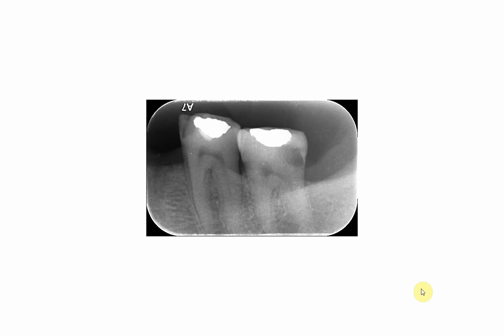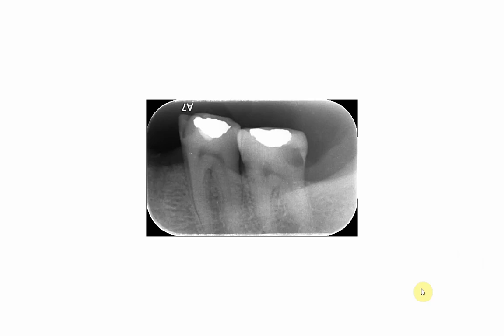Why is it radio opaque? Because it will attenuate the X-ray photons and prevent them from reaching the film or the sensor, and hence it will appear radio opaque.